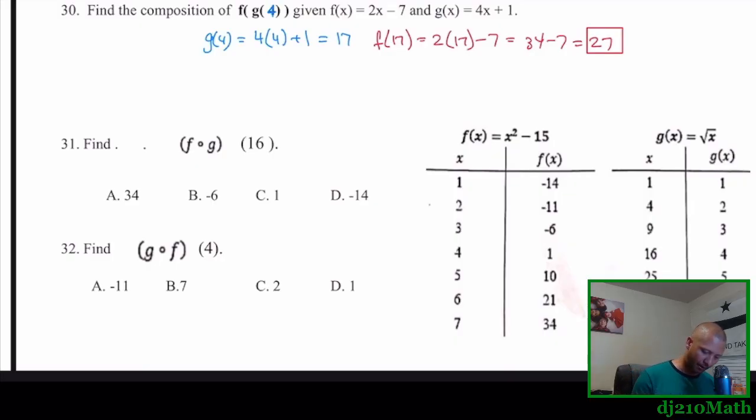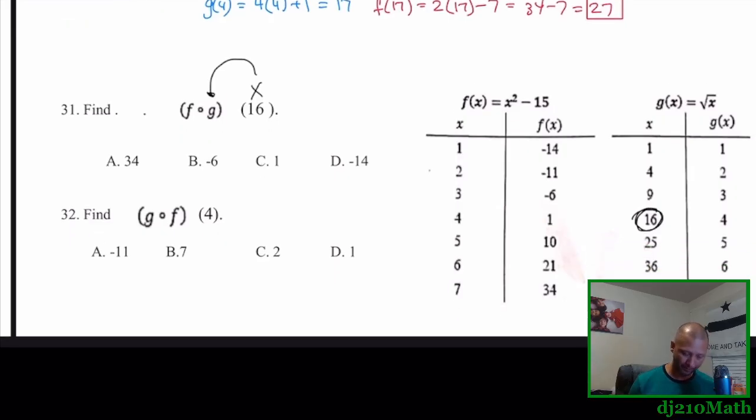All right, fine. 31. F of G of 16. So 16 is the X. So I want to go into G first. So I want to go to G, and X is 16. When I go to G and X is 16, what's the output?